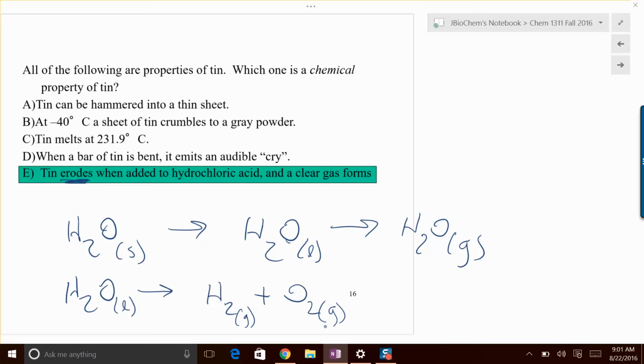Chemical changes change your identity. They change what you are. Okay? And that's how I'll be able to identify if it's a physical or a chemical change. If it retains its identity, that's just a physical change. But if it changes its identity by eroding with hydrochloric acid or something, then that's a chemical change.